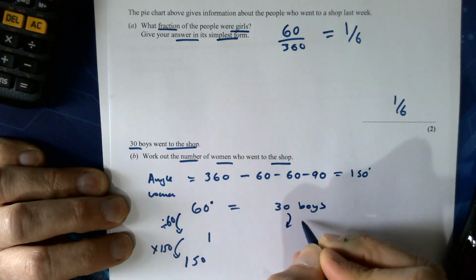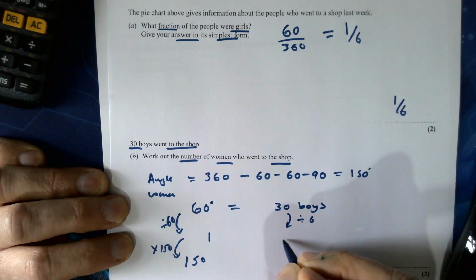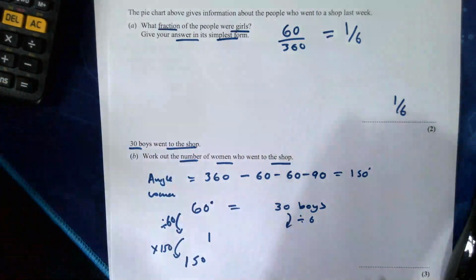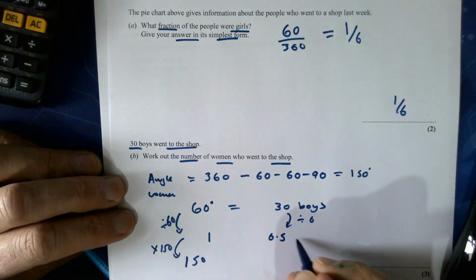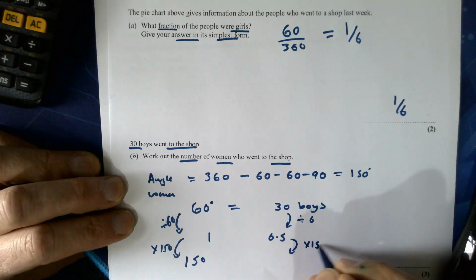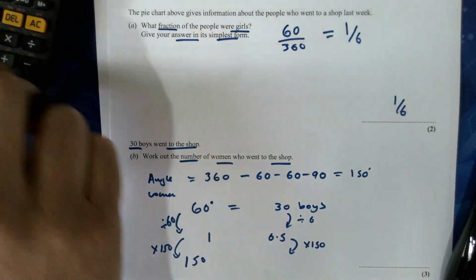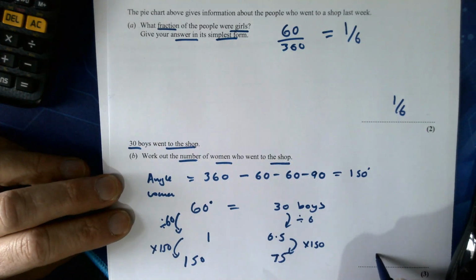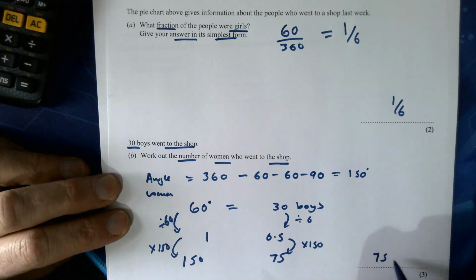So I'm going to do 30 divided by 60. That gives me 0.5. I then want to make it 150, so I times that by 150, which gives me 75. So that means there are 75 women.